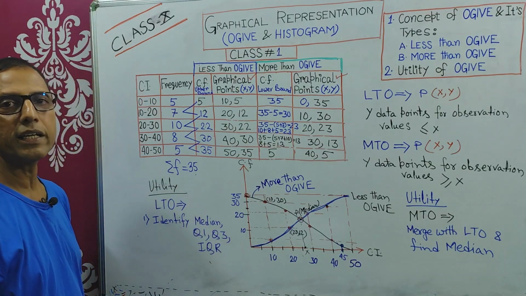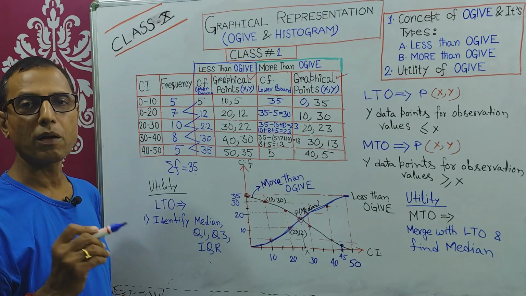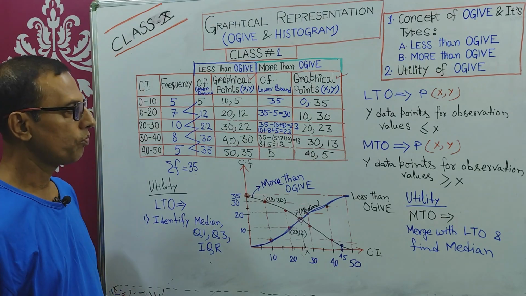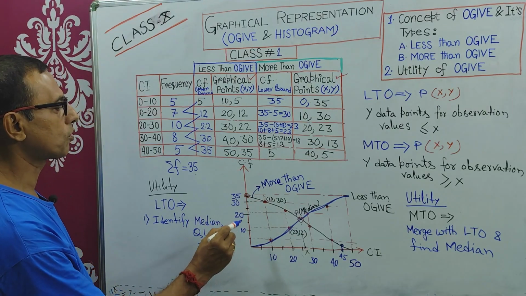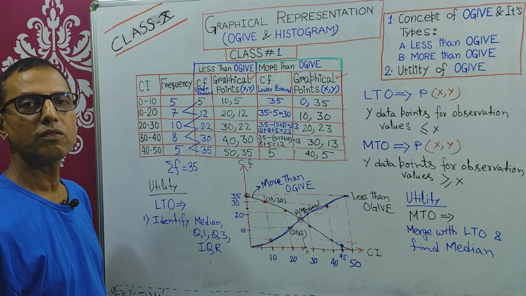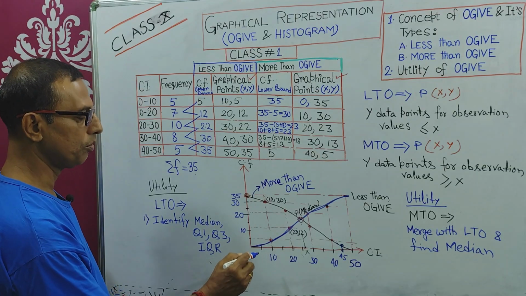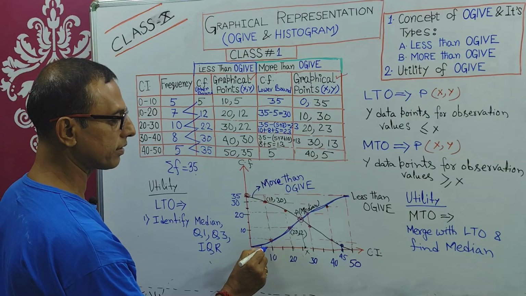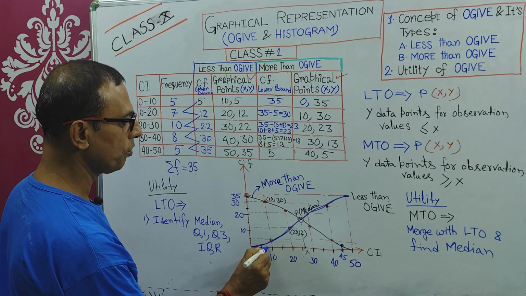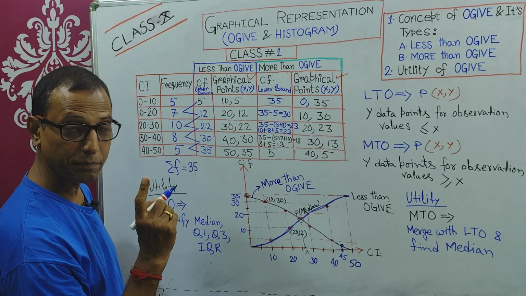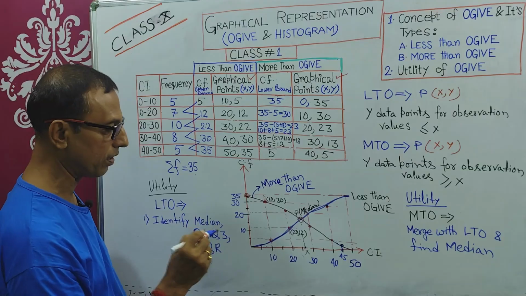Now somebody is asking to find out the below performance, right? Where it is required to understand how many people scored below 5 or below 8. So you will mark 8 along the x-axis, right? And then from that value, since it is below 8, you need to intersect with the less than ogive curve.